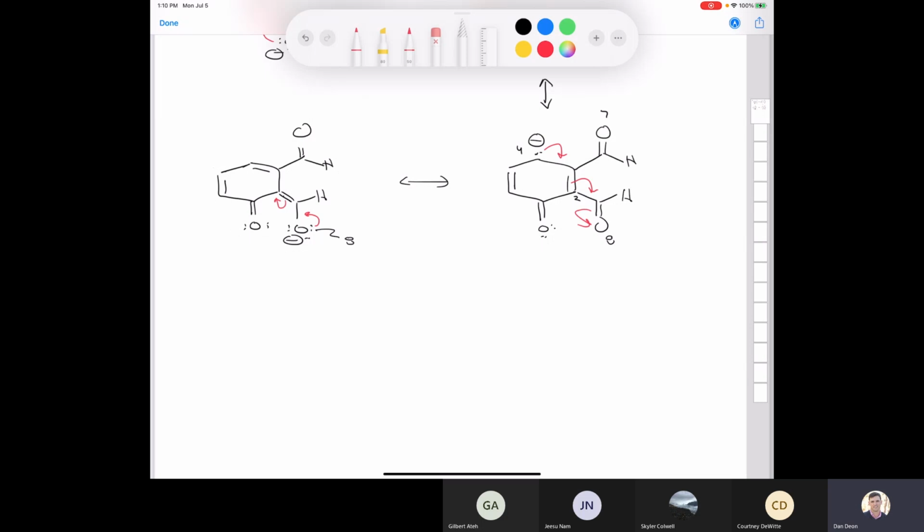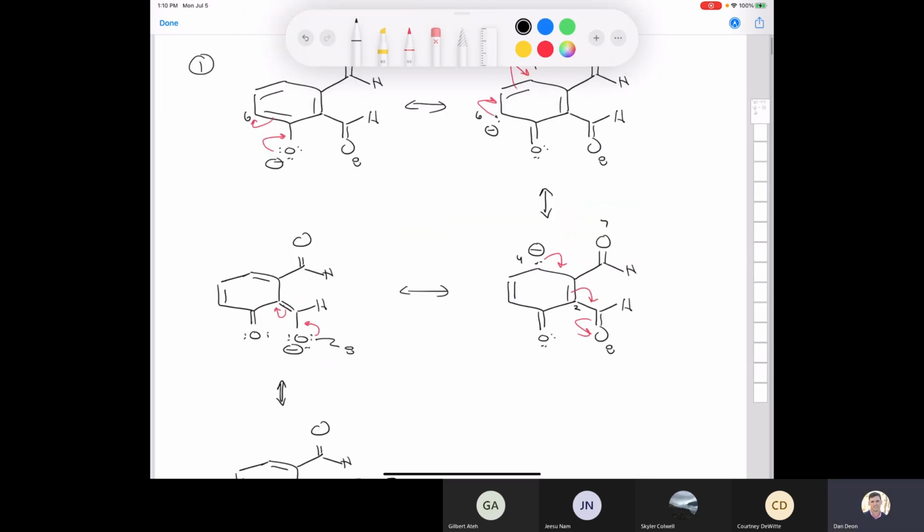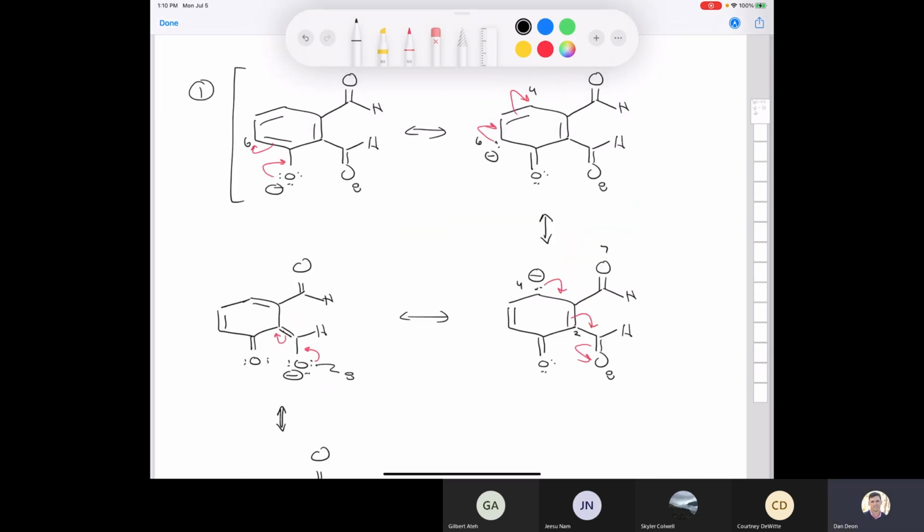Anyhow, you get the idea. So we'll put this one here. We'll make sure to draw a new resonance arrow, and we'll fix this up. So now we've got the negative charge moved over to here on this carbon, and that is carbon number 2. So there you go. Those are the resonance structures that we need.